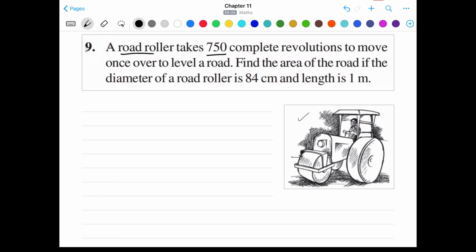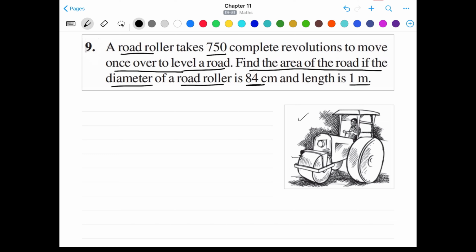So it takes 750 complete revolutions to move once over to level the road. So it takes 750 revolutions to cover the whole road. We have to find the area of the road if the diameter of the roller is 84 centimeter and length is 1 meter. So we are given the measurements of the cylindrical tank.